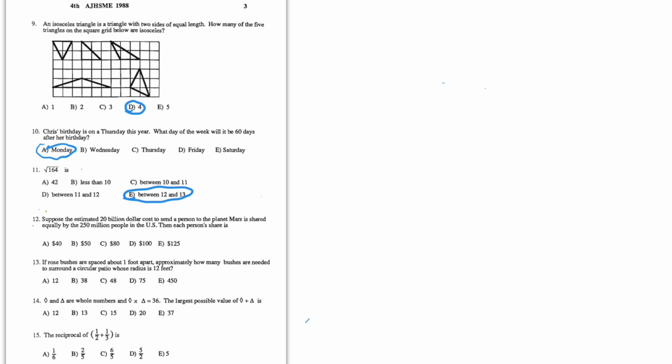Then each person's share is 20 billion, that's 20 times 10 to the power 9, over 250 million people. 250 million is 250 times 10 to the power 6. Now we cancel 10 to the power 6, so power 3, and cancel the 0. Now equal to 2 times 10 cubed over 25.